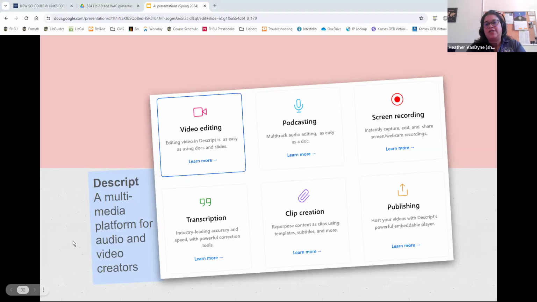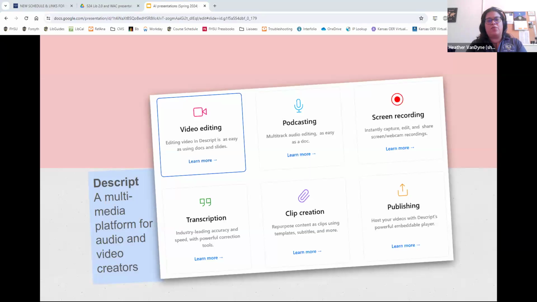If you have a student that is making a video presentation, they can edit the video using Descript. If they are doing interviews or if you're working on a study, the transcription tool is very useful.